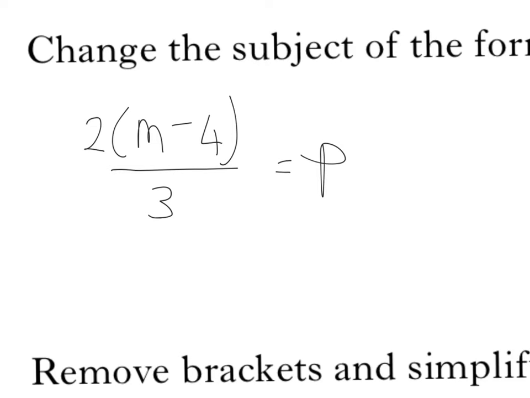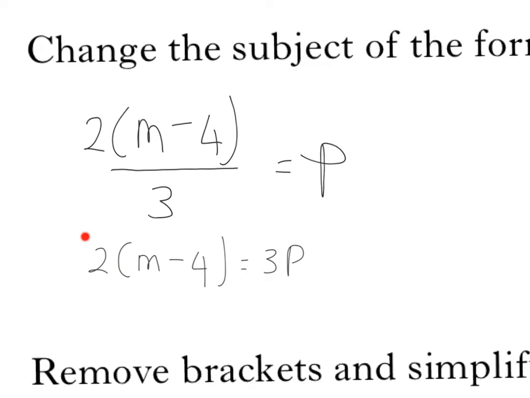Next move is I can get rid of divide by 3 from this side by multiplying by 3. So it's going to be 2 bracket m minus 4 is equal to 3p. I've then got a multiplication by 2.